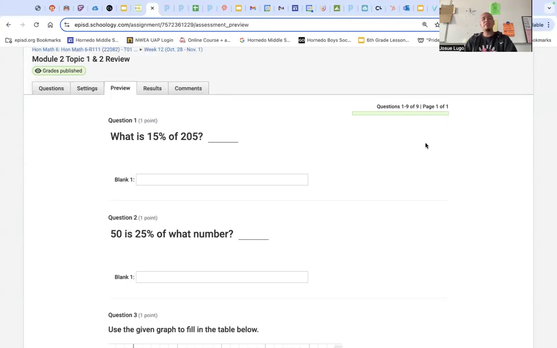Ladies and gentlemen, every single one of these problems can be resolved with ratios. Ratios with proportions, basically having fractions or ratios that are equivalent to each other. In this case, this being a percent problem, because we have a percent right there, we know that we're going to have two fractions. One of them is going to represent the percentages, and the other one's going to represent the part over the whole.